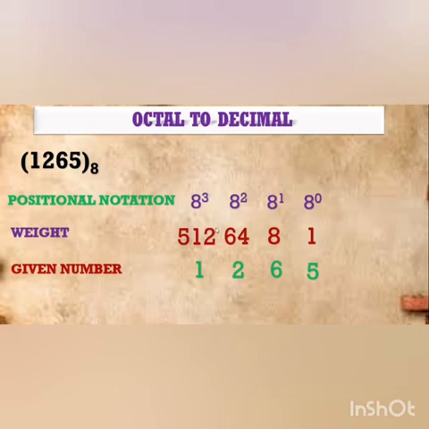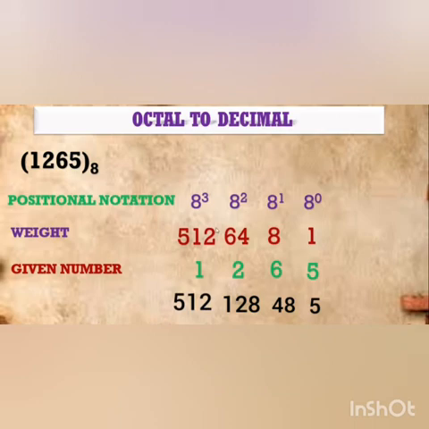The next step, multiply each digit with its corresponding weight. So 1 into 5 is 5, 8 into 6 is 48, 64 into 2 is 128, then 512 into 1 is 512.